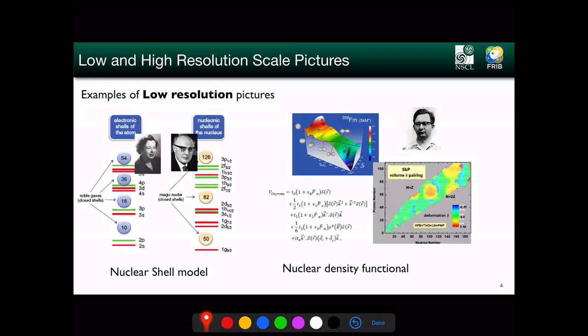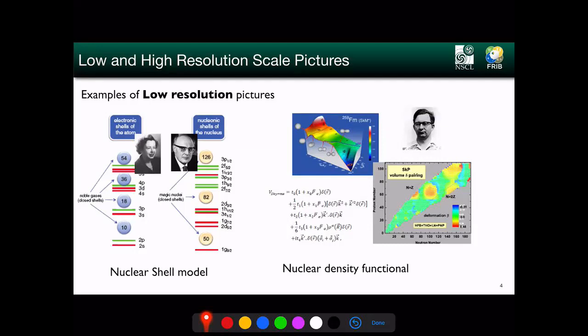Both of these phenomenological approaches, which are really the backbone of nuclear structure theory, have at their base this picture that in zeroth order, the nucleons are moving in relatively independent particle motion with maybe some weak residual interactions, which can kick you out of the Fermi sea.